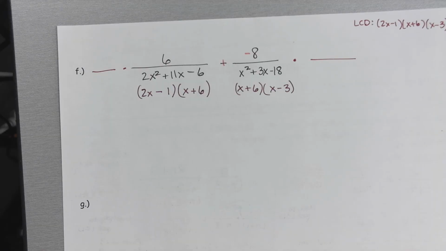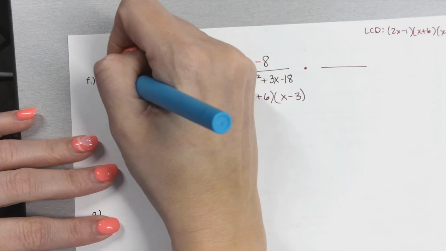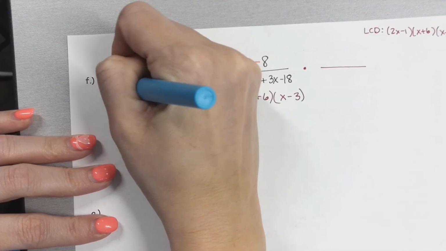When you set up the multiply, it should be a fraction that is equivalent to what number? 1. Okay, so it's just, what is this missing? So the first one does not have the factor of x minus 3. So we're going to multiply by x minus 3 over x minus 3.